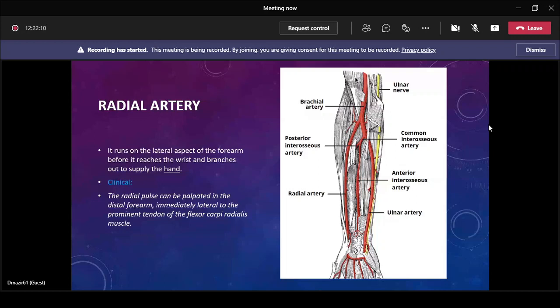Now the common interosseous divides into the anterior and the posterior interosseous.